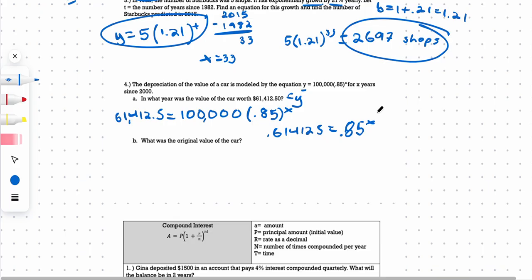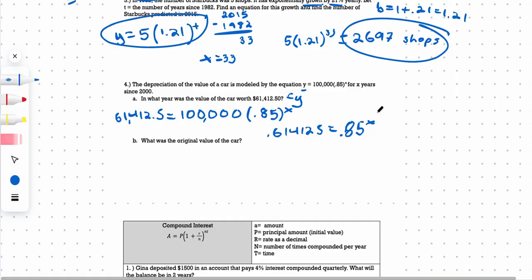What I'd probably just recommend in this situation, if you don't know logarithms yet, which I think we'll get to later on in this unit, just guess and check, plug in random values for x, and then see where you get really, really close to 0.614125. In this case, I'm just going to use logarithms.